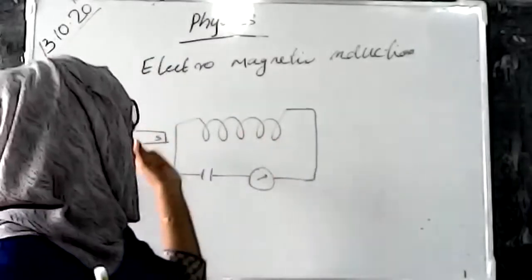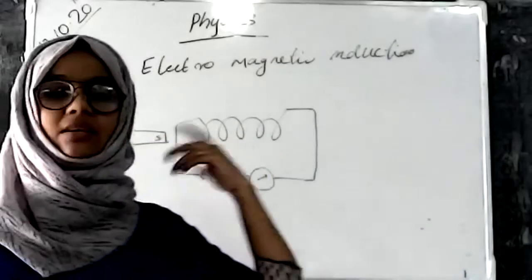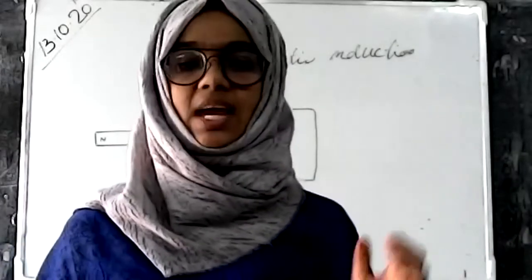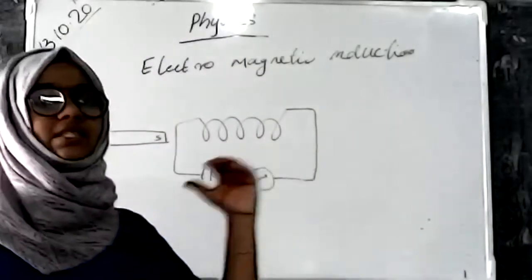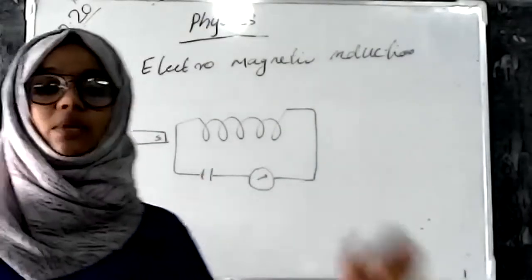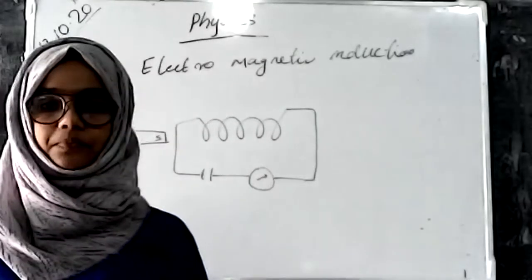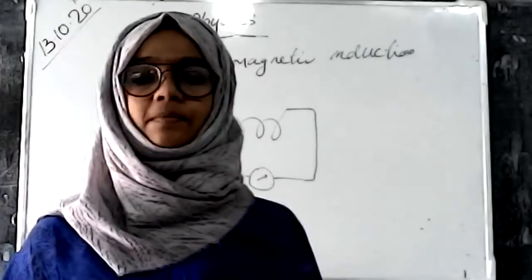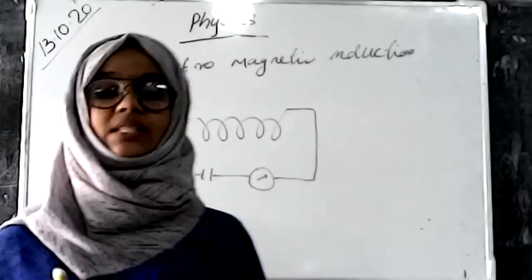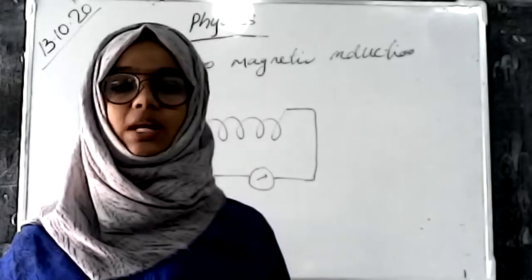When the bar magnet comes inside the solenoid, that magnetic flux changes. That flux change makes an induced EMF, and this phenomenon is known as electromagnetic induction. We will read the definition of electromagnetic induction through the slide.